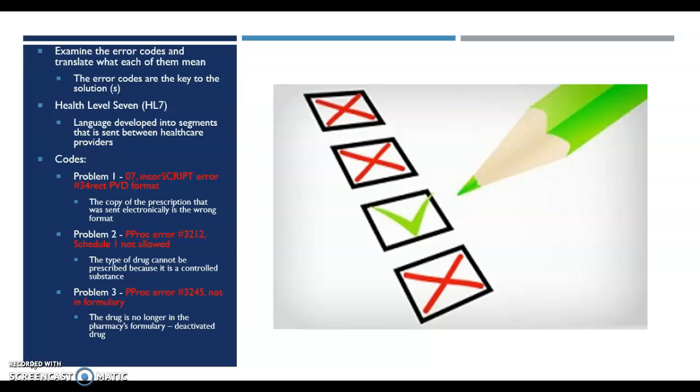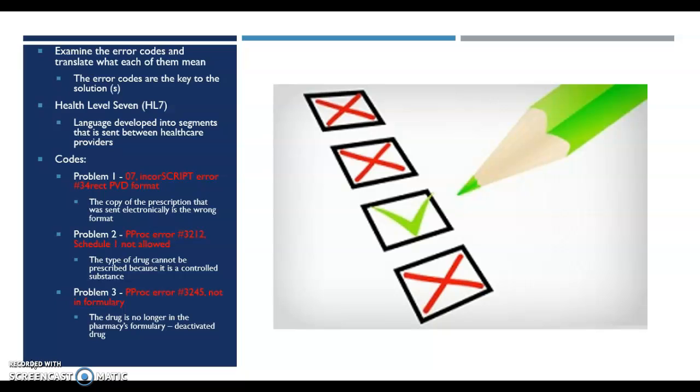Now I will look at each of these error codes and try to break them down and figure out what the issue is. So the first problem error code here: the copy of the prescription that was sent electronically is the wrong format.